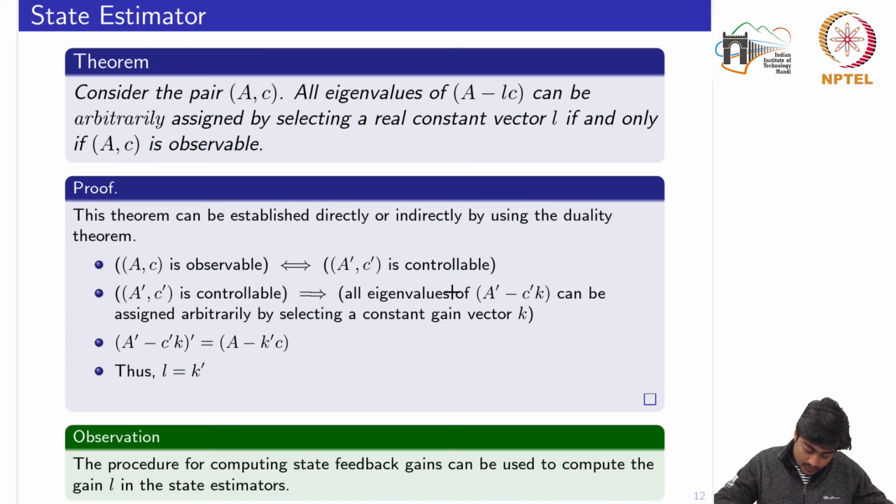So the procedure for computing the state feedback gains can be used to compute the gain L in the state estimators. With this theorem we have guaranteed two things. First, that there exists an L, and under the condition that the pair A comma C is observable, this L would definitely exist. At the same time, we have shown how you can compute L, by using the procedures we discussed during the state feedback controller design.